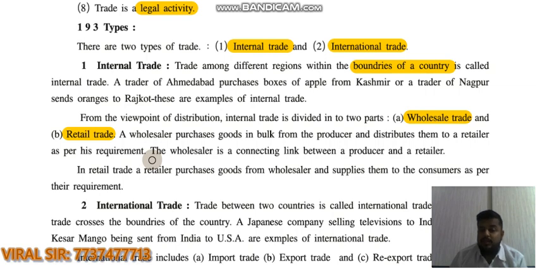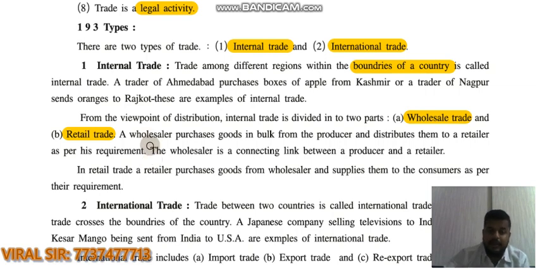So the wholesaler purchases goods in bulk from the producers and distributes them to the retailers as per the requirement of the retailer. So the wholesaler is a connecting link between producer and retailer. While in retail trade, a retailer purchases goods from the wholesaler and supplies them to the consumer as per the requirement of the end consumer. So this is retail trade.